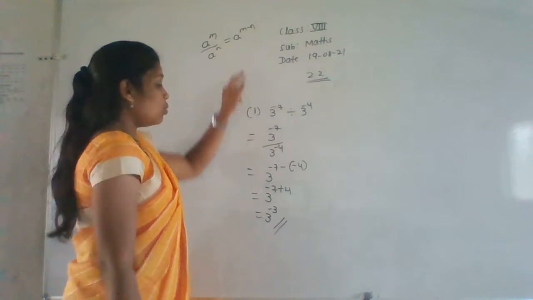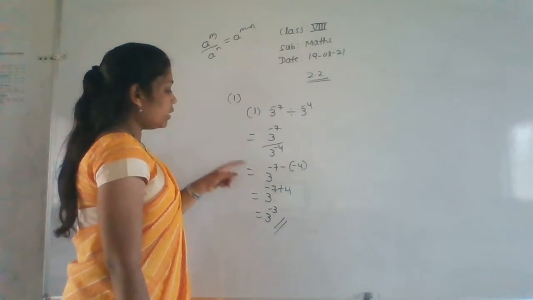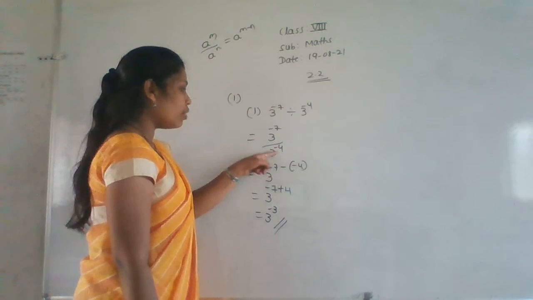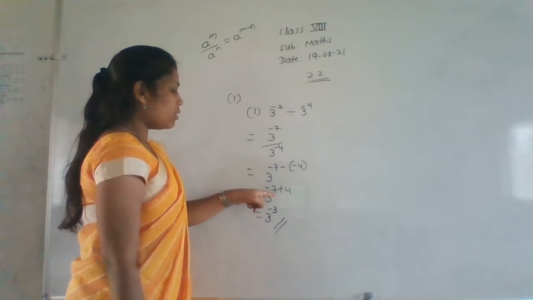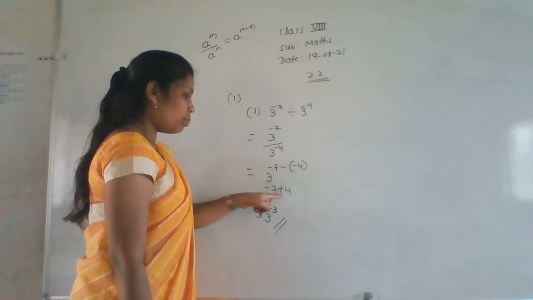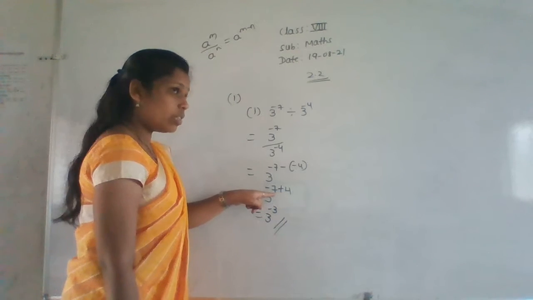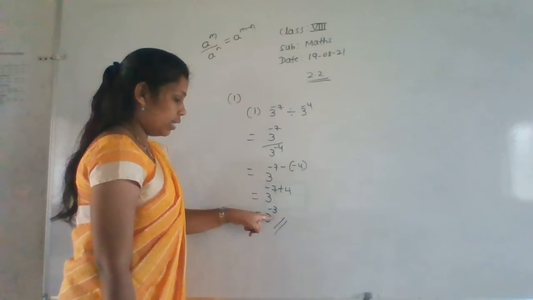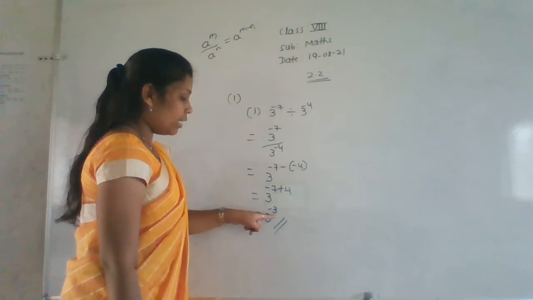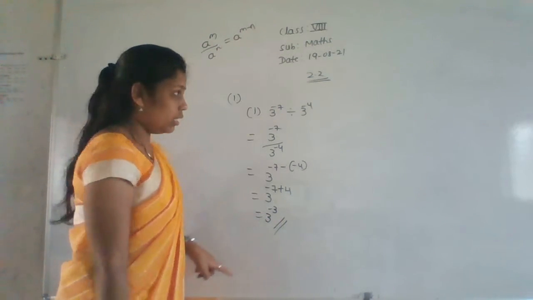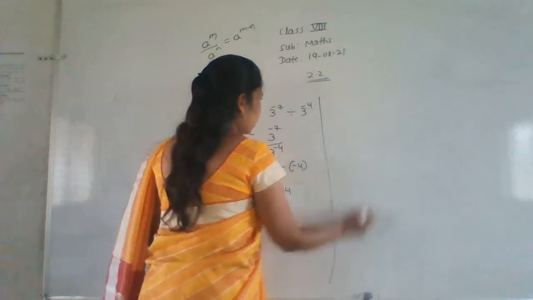So m is minus 7, minus of minus 4. So minus 7 minus into minus plus 4. So minus 7 plus 4. What is the answer for this one? That is minus 3. So 3 to the power minus 3 is the answer. Getting it, everyone? Yes. So now go for the second one.